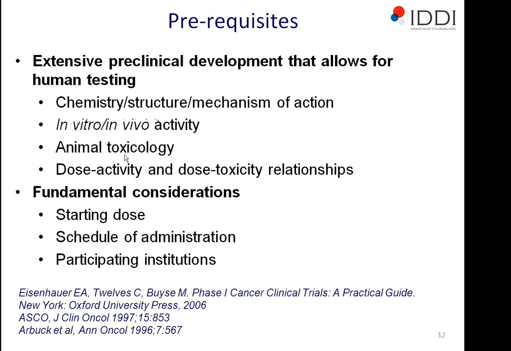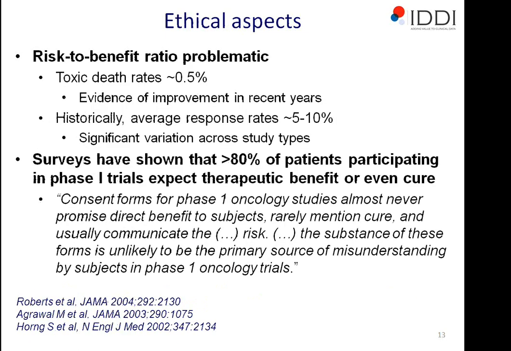There must be extensive animal toxicology studies to characterize the agent or combination, and ideally the dose activity and dose toxicity relationships need to be well known. Other fundamental considerations include the starting dose, the schedule of administration, and who the participating institutions will be.